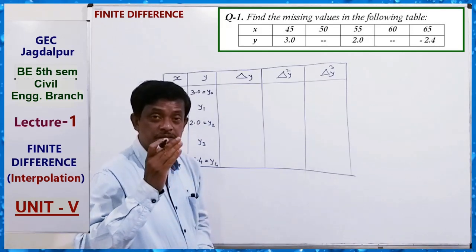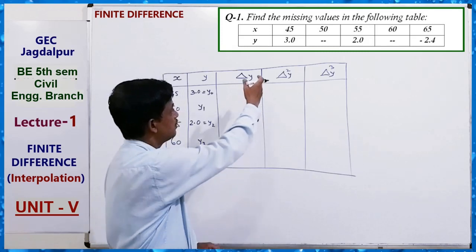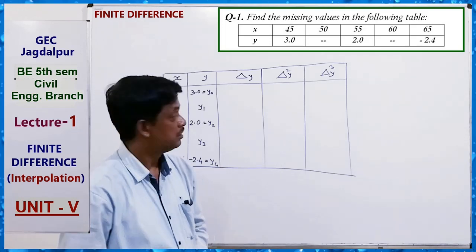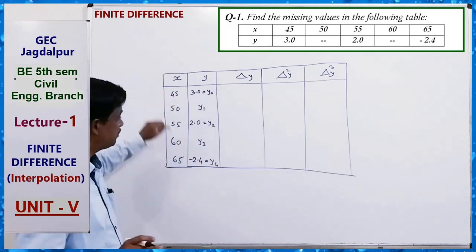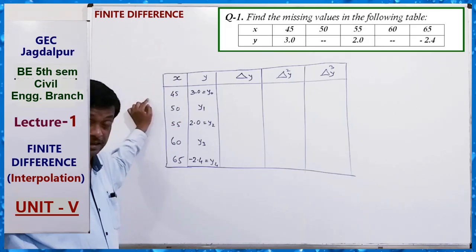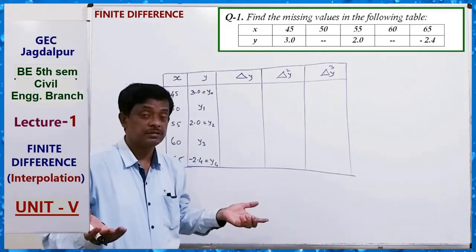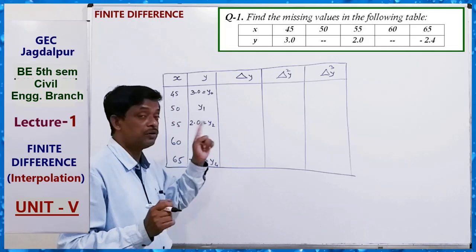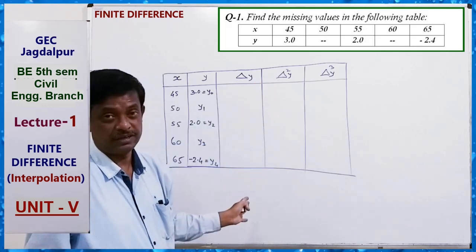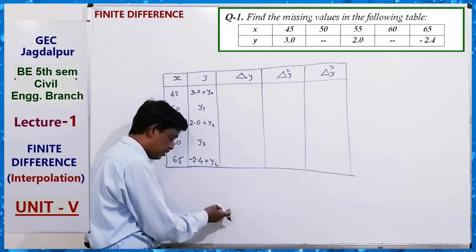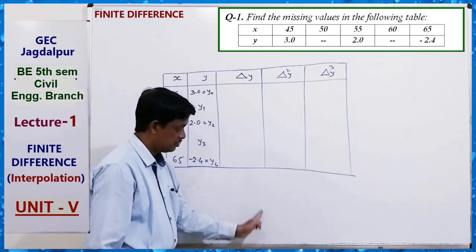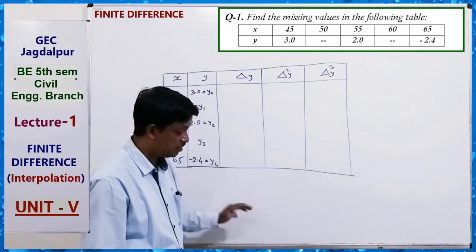That is, for a second degree polynomial, the second differences will be constant and the third differences will be 0.